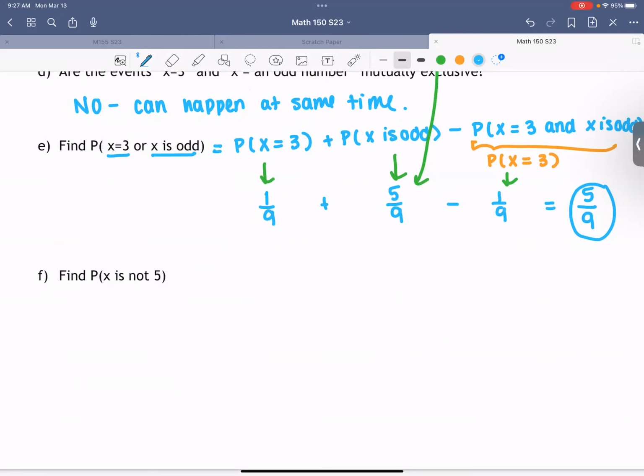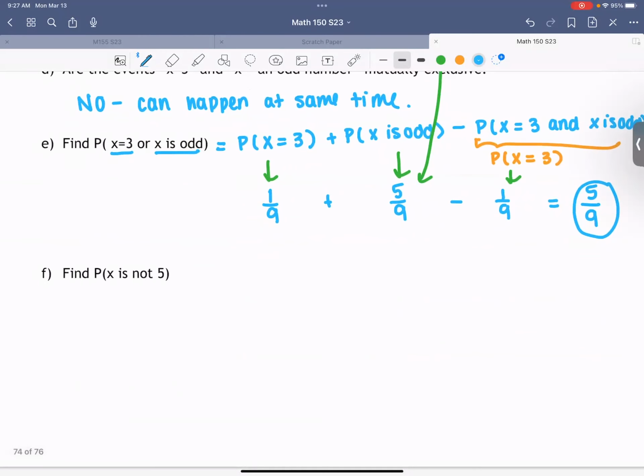This is asking us to find the probability that x is not 5. The word not is in here. What do you think I'm going to use for this one? Rule 3, right? Whenever you have the word not or except or something that means an opposite, that's a good hint that we have to use rule 3, which says if I want to find the probability of something that's an opposite, I just do 1 minus the original event.